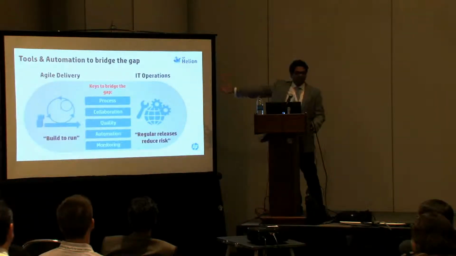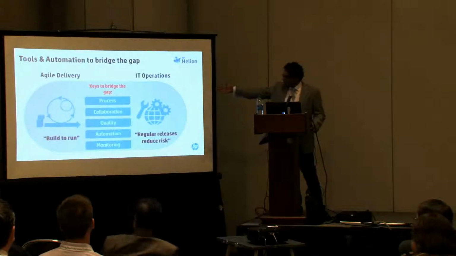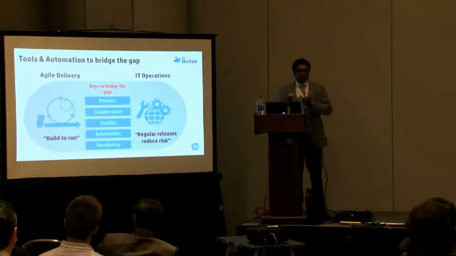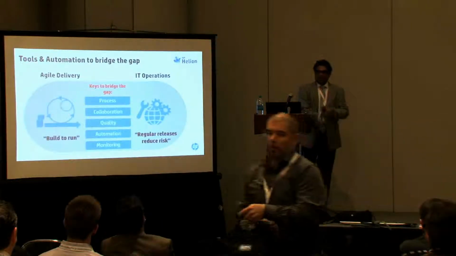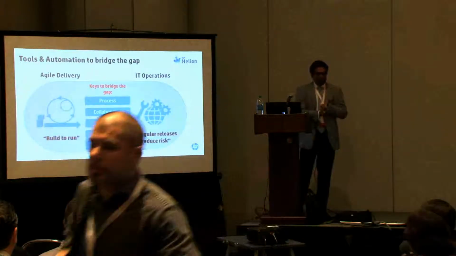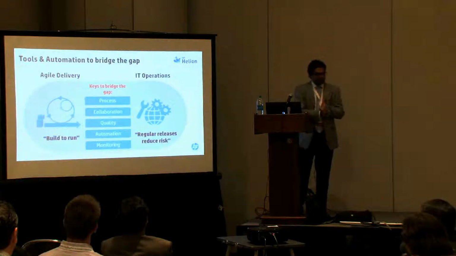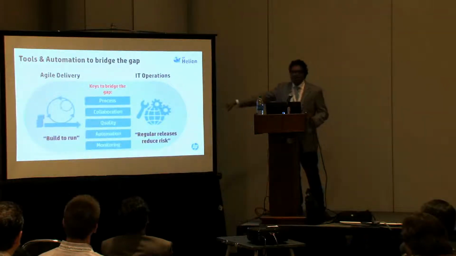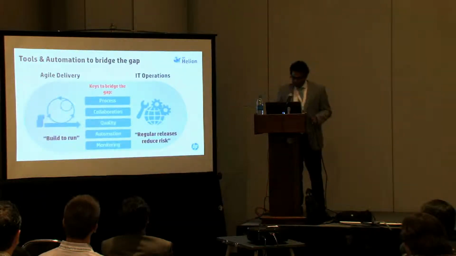We are the market leader when it comes to test automation, as well as automation all the way from infrastructure, platform, cloud, process orchestration, workflow orchestration, as well as monitoring.